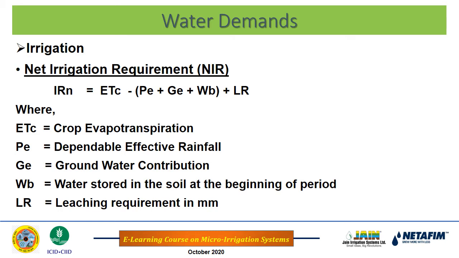Then there could be some contribution from groundwater if the water tables are not reasonably down, and then there could be some water stored in soils at the beginning of the period, so that would also provide some contribution. And then there could be leaching requirement. So all these put together, that is evapotranspiration water requirement of the crop minus the contributions plus the leaching requirement, would give us the net irrigation requirement.